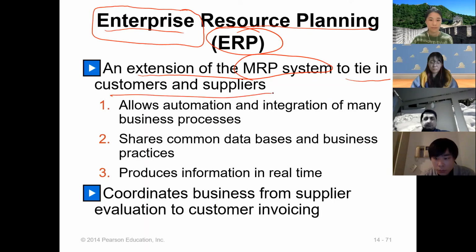So it's not only isolated within the company, but it is actually integrated with the customers and the suppliers. And it allows automation and integration of many business processes. They share common databases about parts, components, inventory, and also business practices, and produce information in real time.